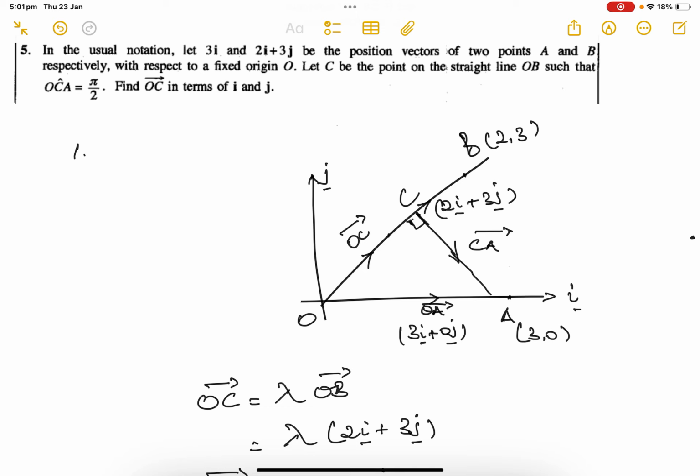So OA, 3i, is on the i-axis. Then B is 2i plus 3j, so that's OB, the position vector of B, and the origin is O. Then C is a point such that OC is perpendicular to CA, because the angle OCA is pi by 2.